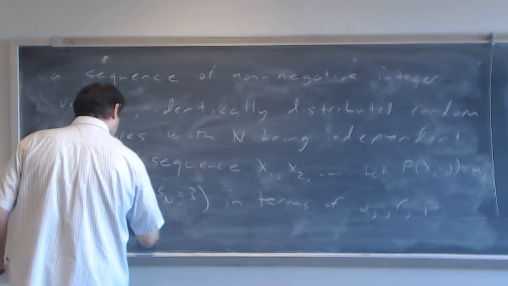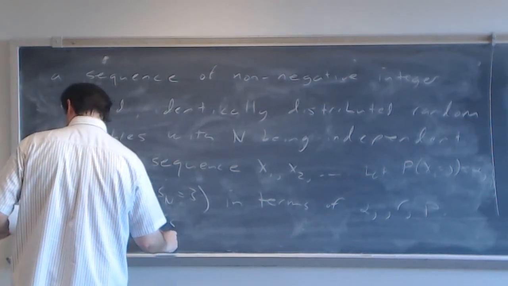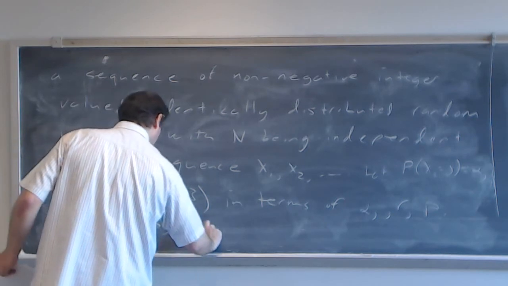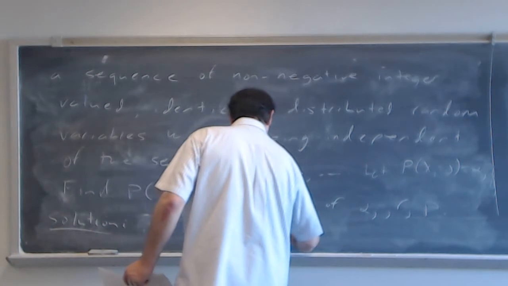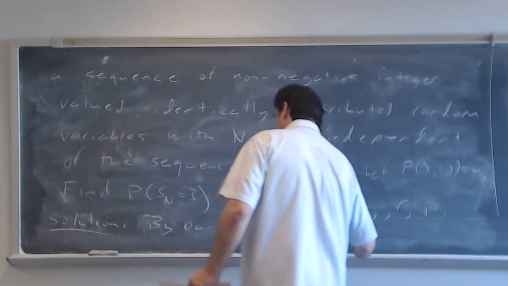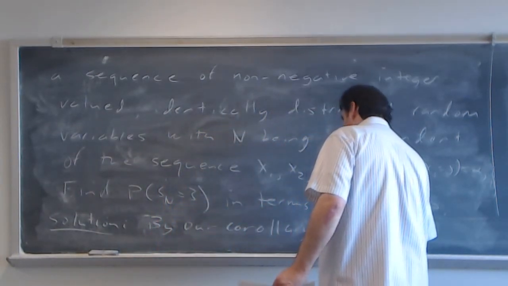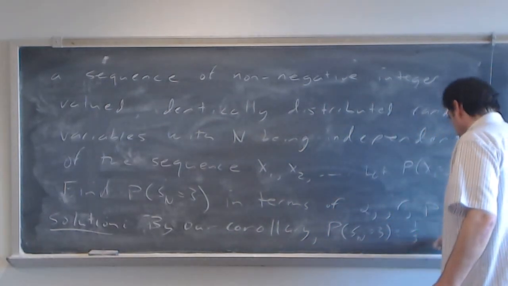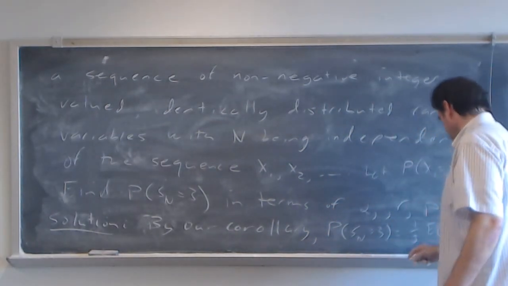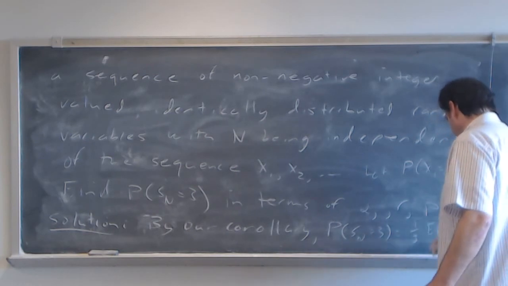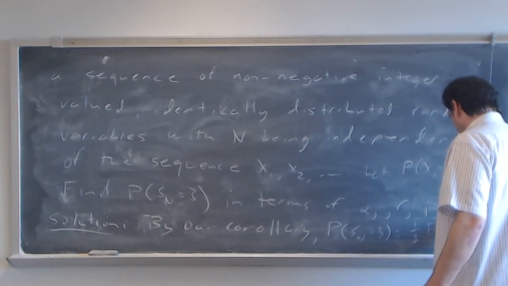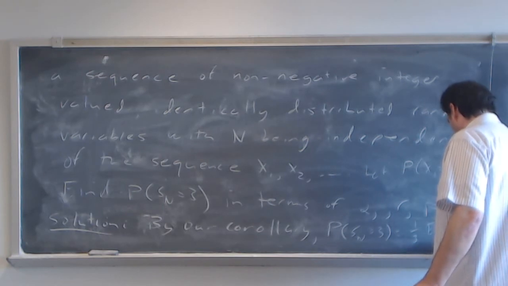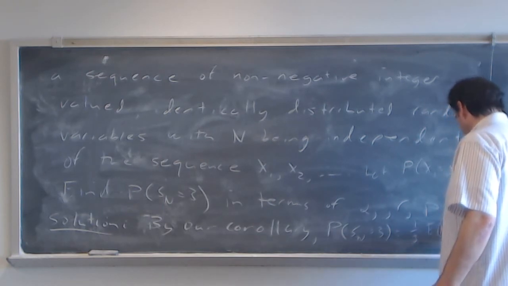Okay. Now the probability, so I'll write down why I am doing this. By our corollary, the probability that S of n is equal to 3 is going to be 1 over 3 times the expected value of n, and then times the sum as j runs from 1 to k, where k is 3.